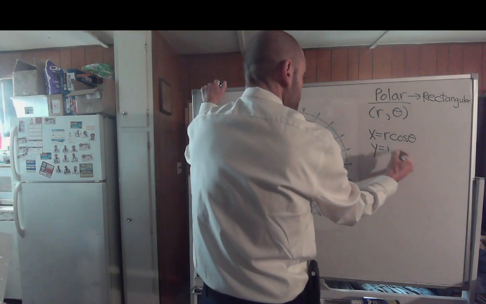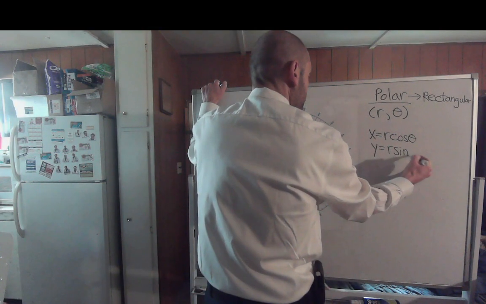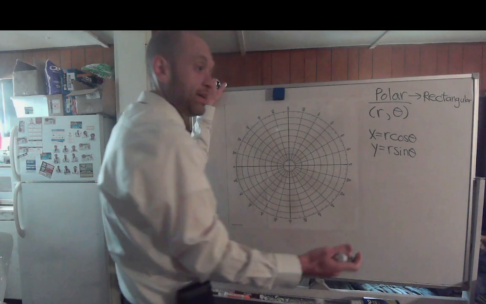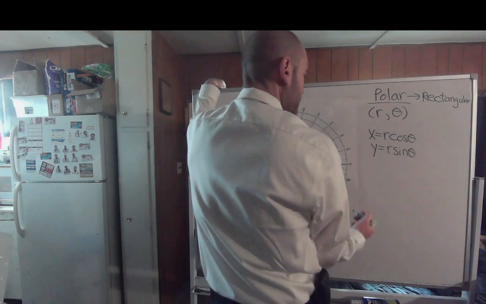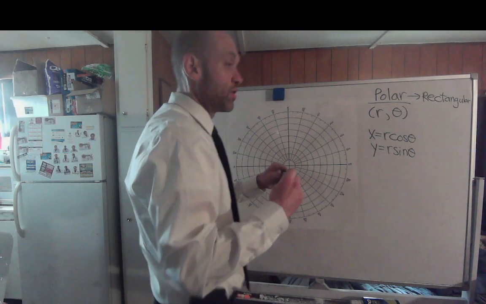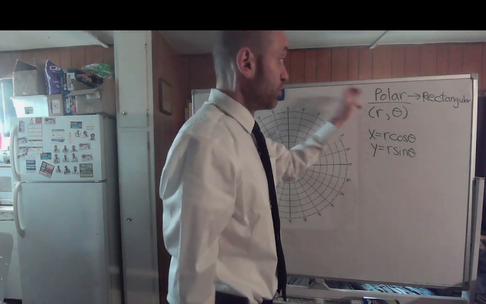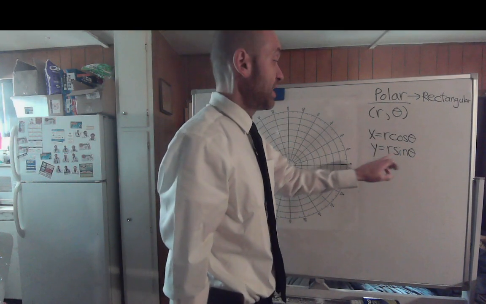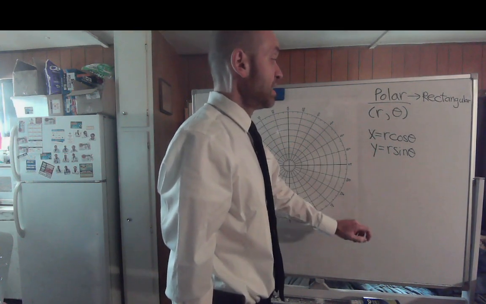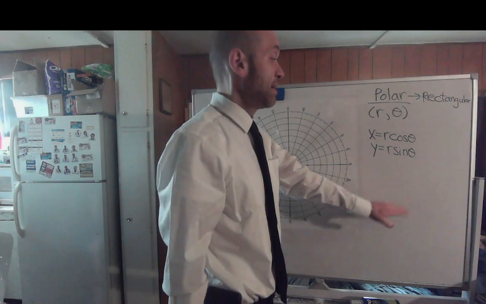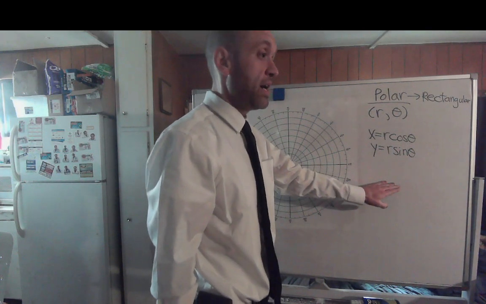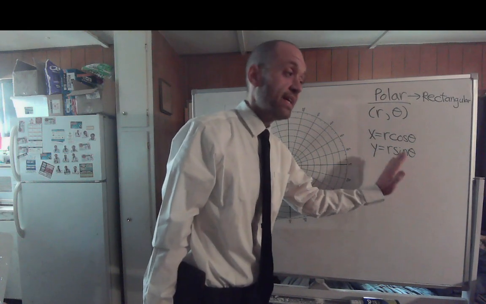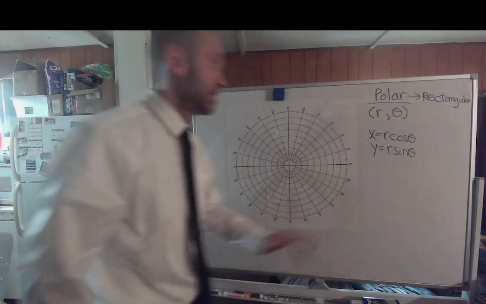Y is just going to be r times the sine of theta. That's literally all it is. That's how you're going to convert from polar into rectangular. You just take your radius times the cosine of theta to get your x, and then take the radius times the sine of theta to get your y. So actually this is easier than what we just did.